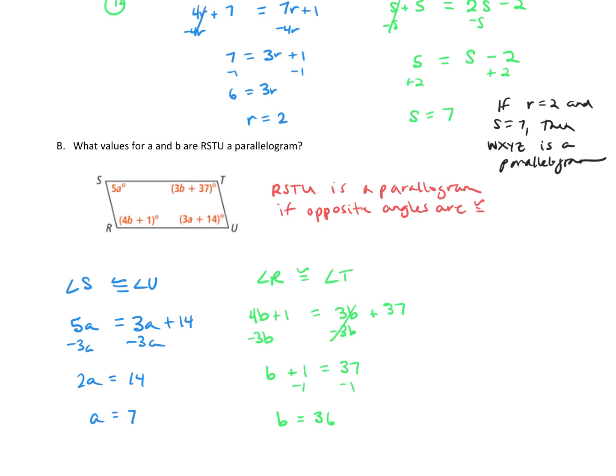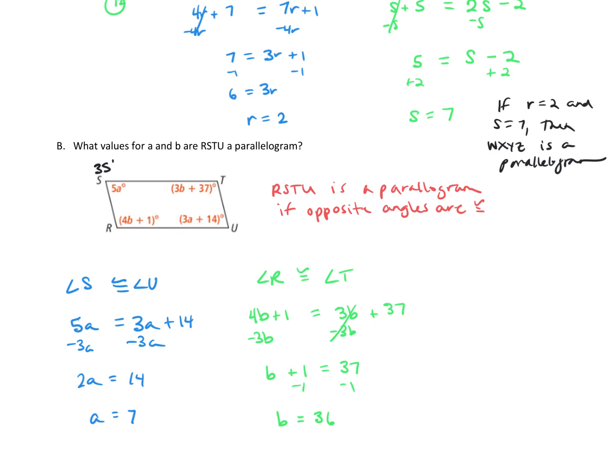All right, if we were to plug those values back into our quadrilateral, would the opposite angles be congruent? And they should be. That's what we set up to equal, but let's just check. Angle S, 5 times 7 gives us a 35-degree angle there.